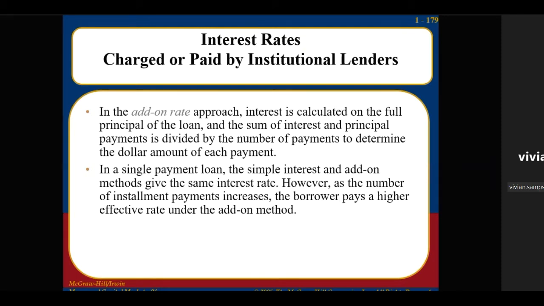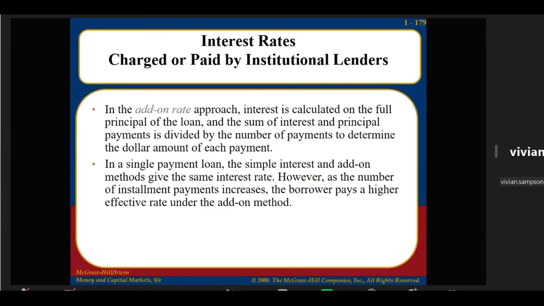So if the money that you borrowed is 5,000 and you borrowed it for a period of 5 years, let's assume you are paying it on a yearly basis. You divide the 5,000 by 5. That will give us 1,000 every year. Then if the interest rate on it is 10%, 10% on 5,000 would be 500.